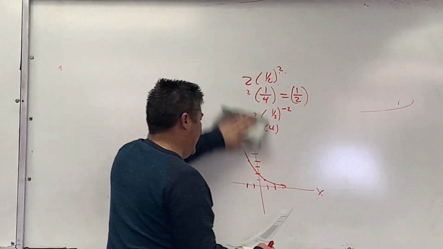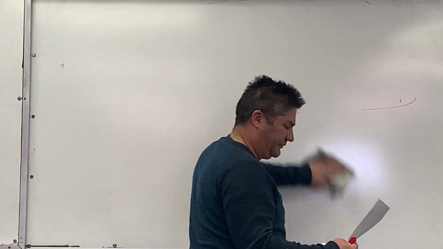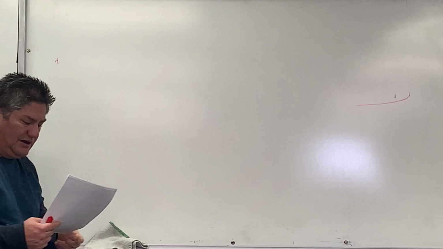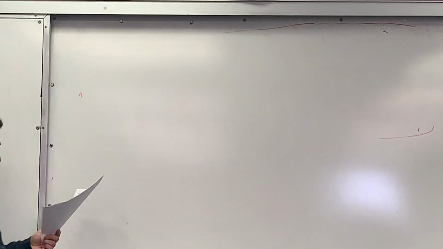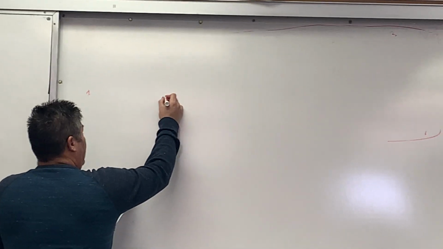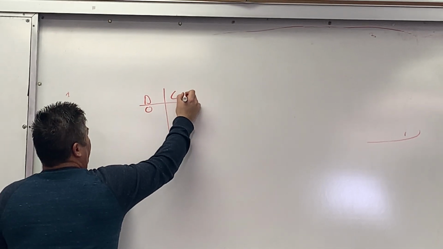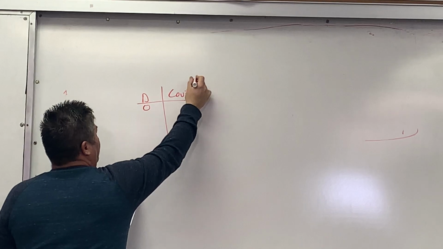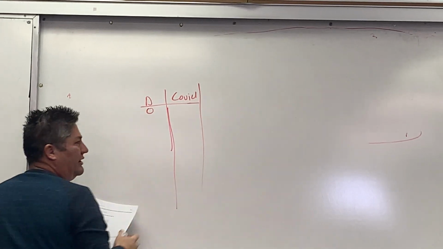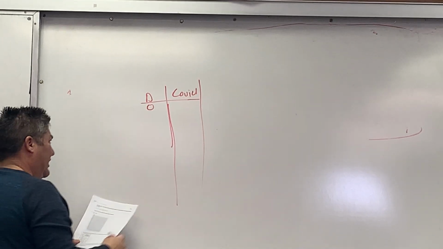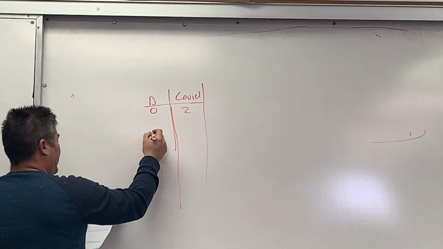Okay, number 10. A little bit tougher. Story problem. Okay? Day 0, this many people were infected, so we'll just go COVID, because hey, everybody's got the COVID now, so call it COVID. Day 0, there are 2 people infected with COVID.